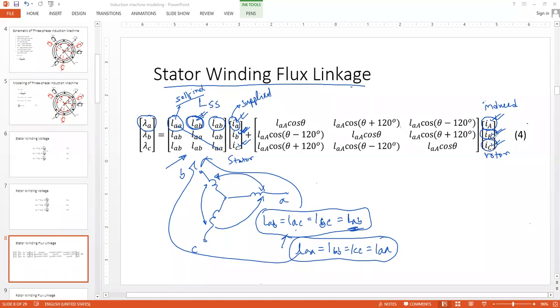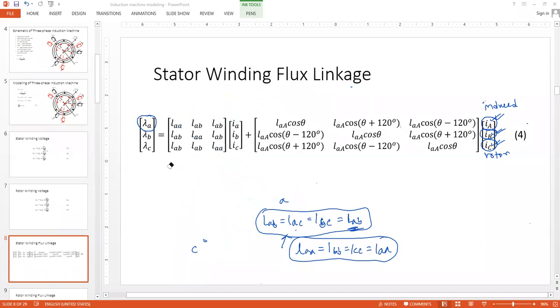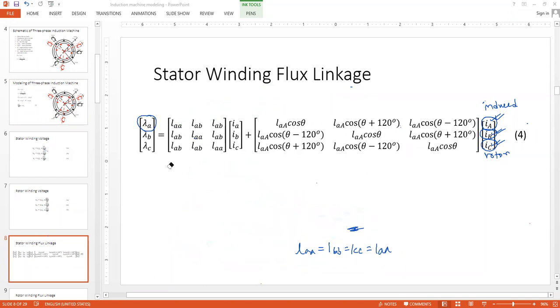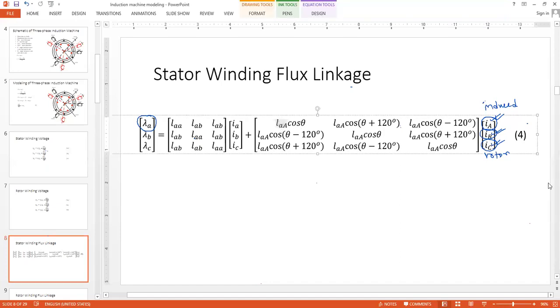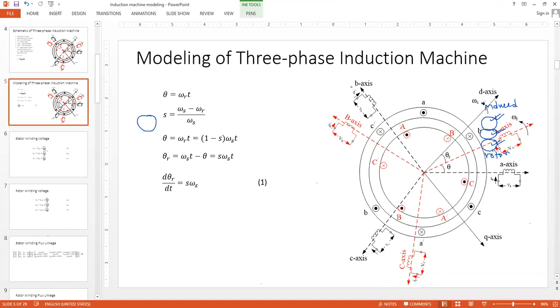Let's look at the entries now. So the first entry, relating lambda small a and I capital A, means what? Means we are looking at the flux linkage of stator coil A due to the current flow in the rotor coil A. And that is how much? LAA cosine theta. So let's go back to the diagram and try to get the idea how that is being obtained.